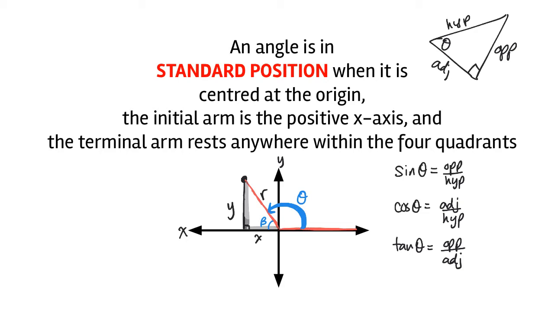Okay, so now let's talk about the signs a little bit. In this particular example, we can see that the terminal arm is in the second quadrant, up on the top left quadrant. And so when we evaluate our sine, cos, and tan ratios, the sign of those values matters because while we're in the Cartesian plane, this value of x is negative over here. It's on the negative side of our x-axis.